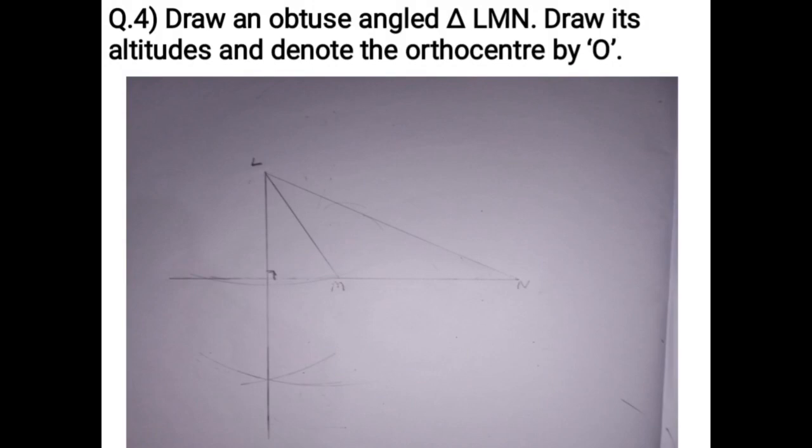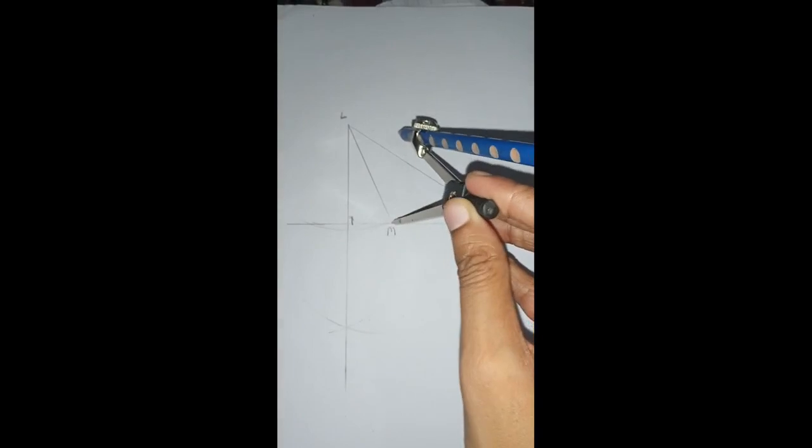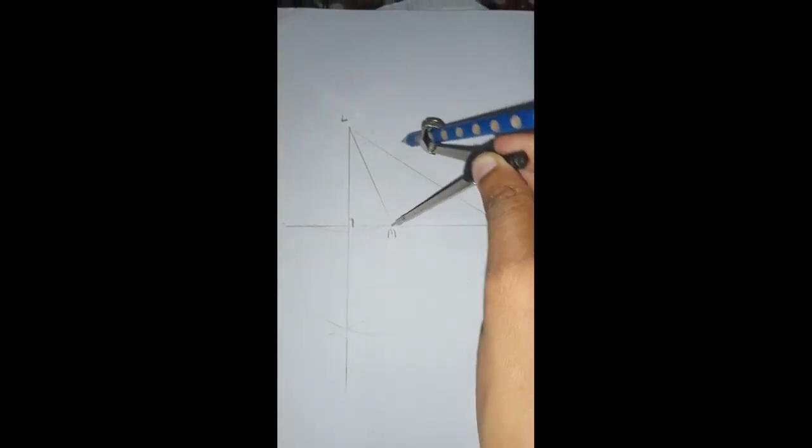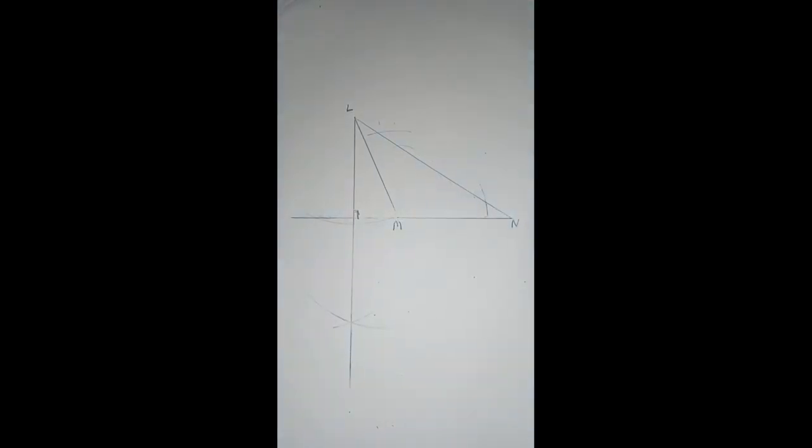Now I have to keep the rounder through point M and draw an arc to the opposite side LN. I had already drawn arcs through point M to the opposite side LN, not changing the distance between pencil and rounder.